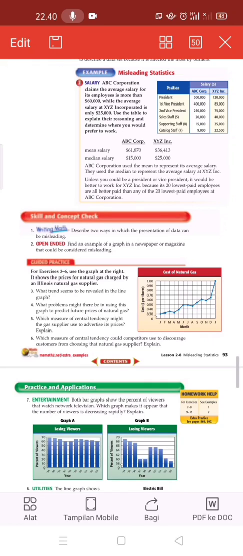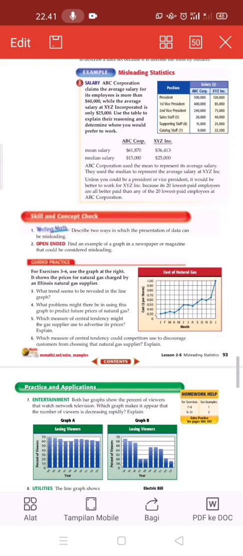Median salary: ABC Company $15,000, XYZ Inc. $25,000. ABC Company uses the mean to represent its offered salary. They use the median to represent the offered salary at XYZ Inc.